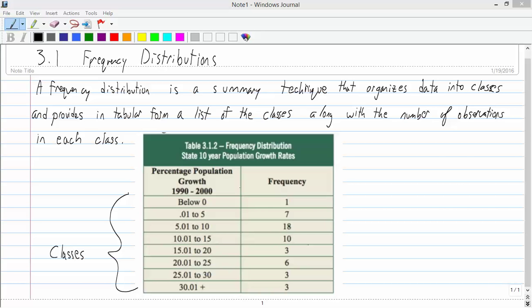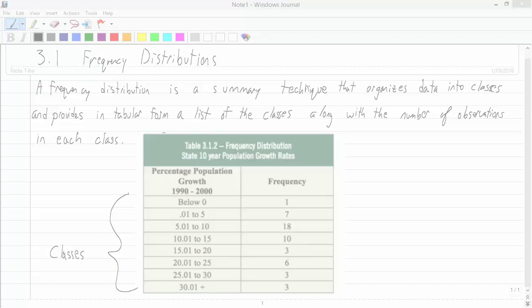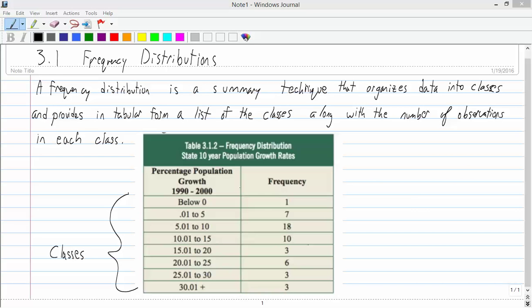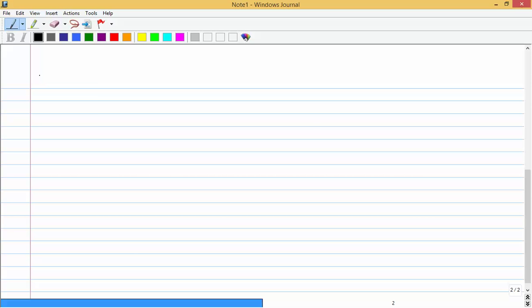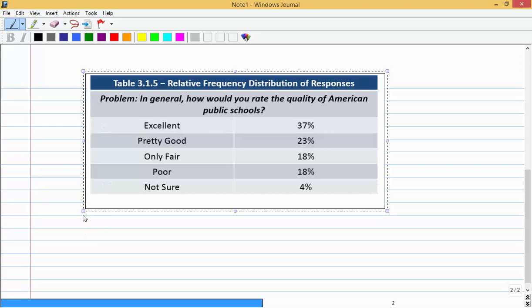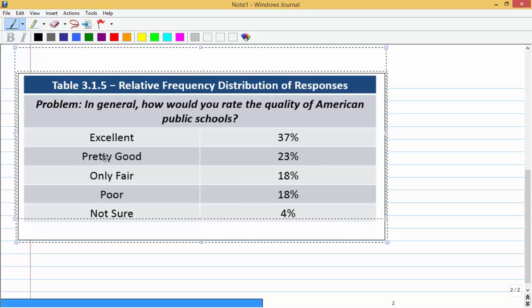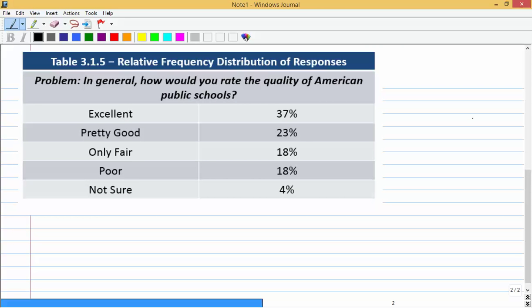I'll show you a different one that would just have percentages, and this is called a relative frequency distribution. So you can see these classes. This says, in general, how would you rate the quality of American public schools? These classes don't actually have numbers, they're just the ratings that were used.